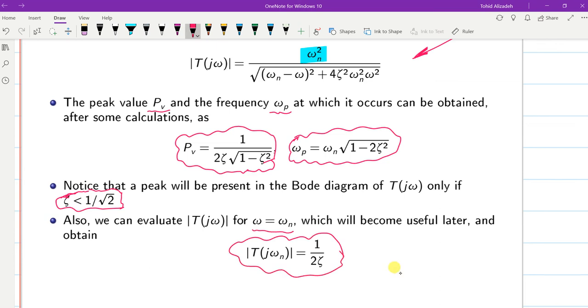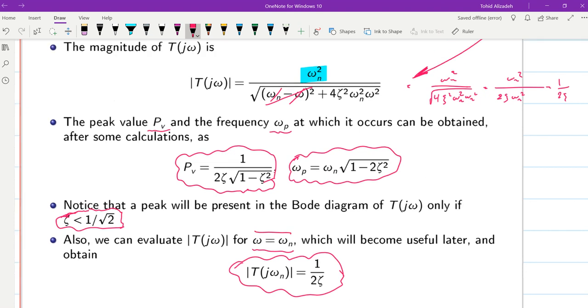If you replace omega with omega n, this part will vanish, so we will have omega n squared over square root of 4 zeta squared omega n squared, and this will be equal to omega n squared over 2 times zeta omega n squared, and this will give us 1 over 2 zeta. So we have it over here. We will keep this for now, and later we will refer to this at some point that we need that.